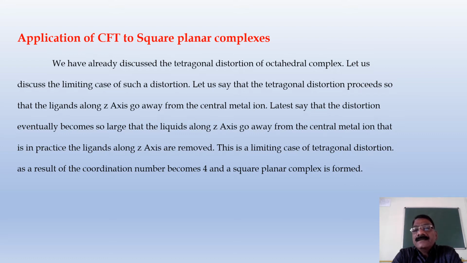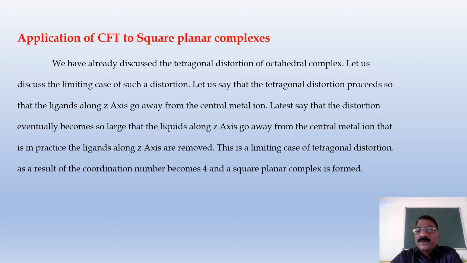Let us say that the distortion eventually becomes so large that, in practice, the ligands along the z-axis are removed. This is a limiting case of tetragonal distortion. As a result the coordination number becomes 4 and a square planar complex is formed.